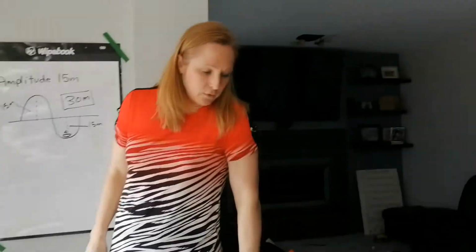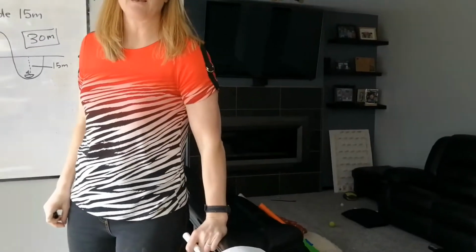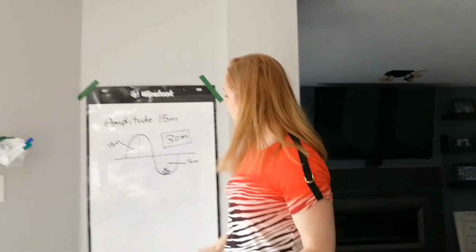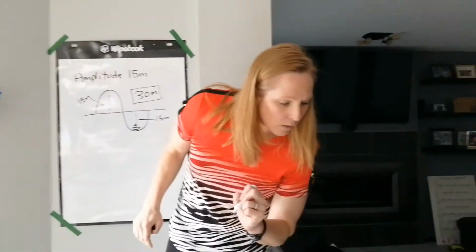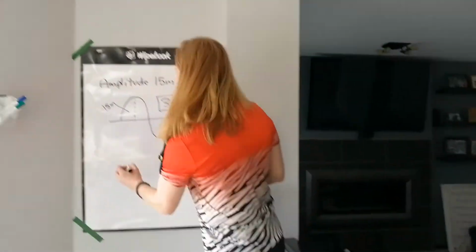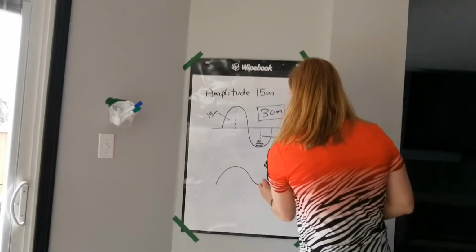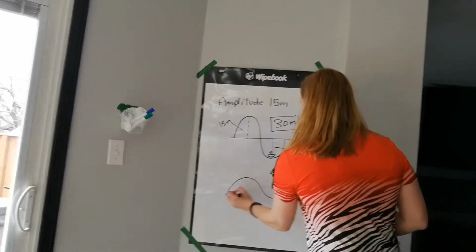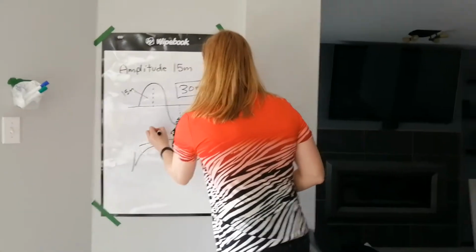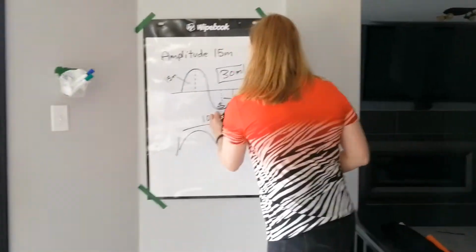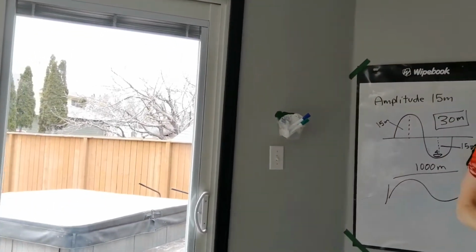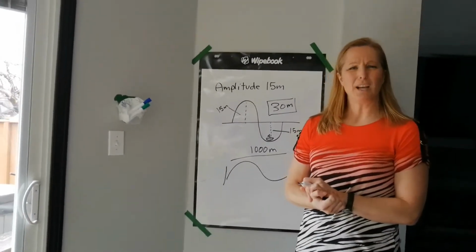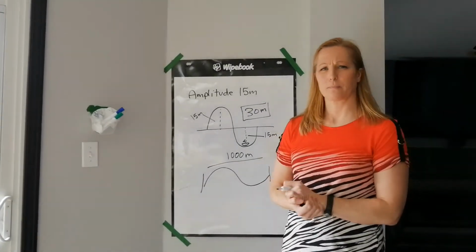Part B says if the wave travels at a speed of 10 kilometers per hour. Let's remember that the wavelength is 1,000 meters. How many kilometers is that?